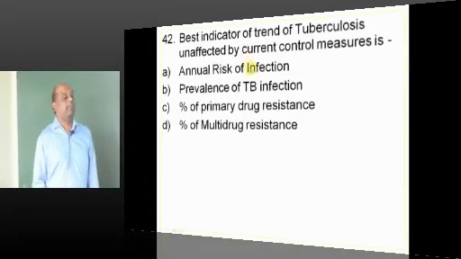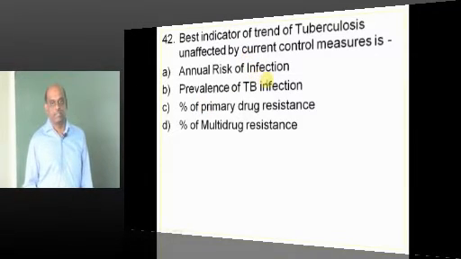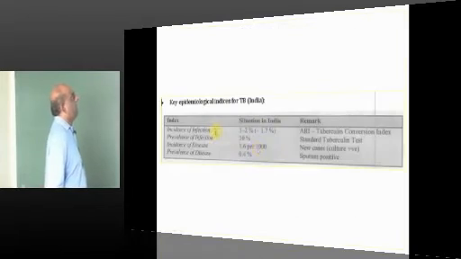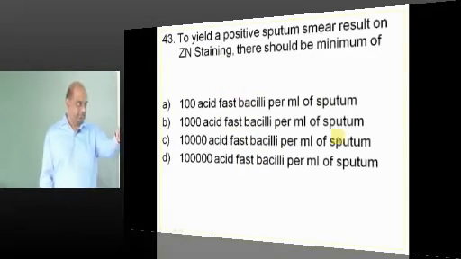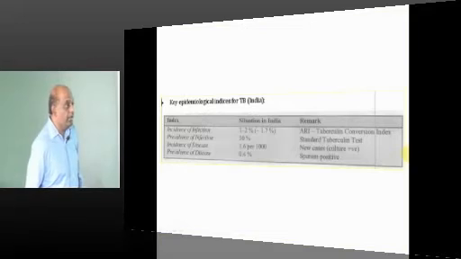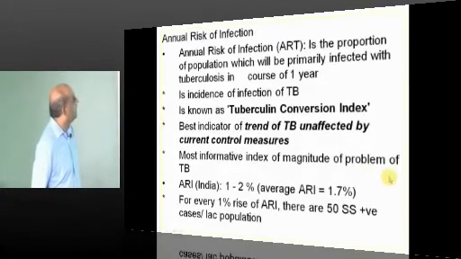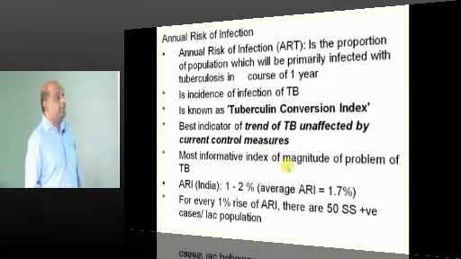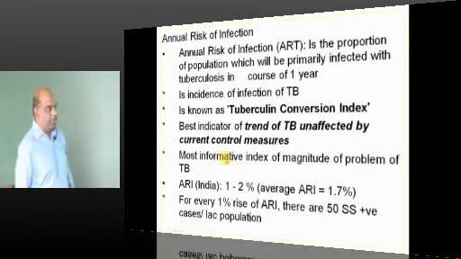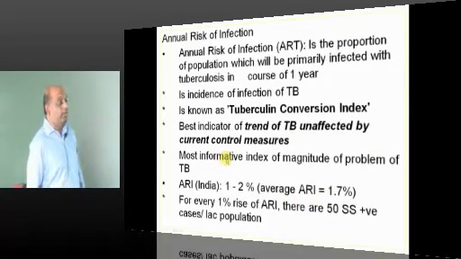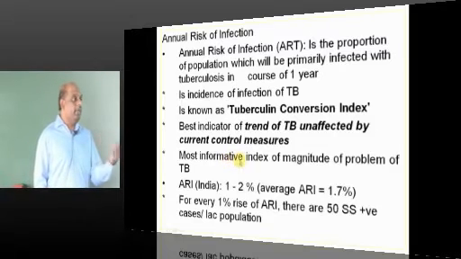TB not affected by current control measures. Annual risk of infection. Sir, prevalence? Prevalence of infection won't decrease, no, sir, with the treatment. If you do good control measures, you will make the new cases convert into old cases.